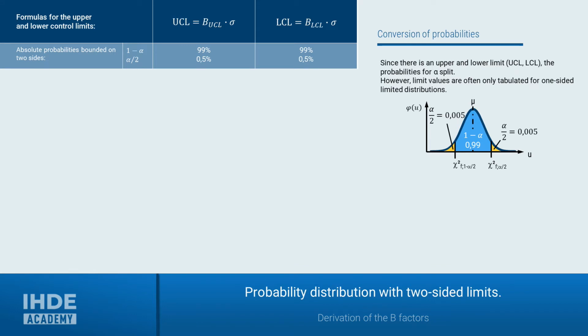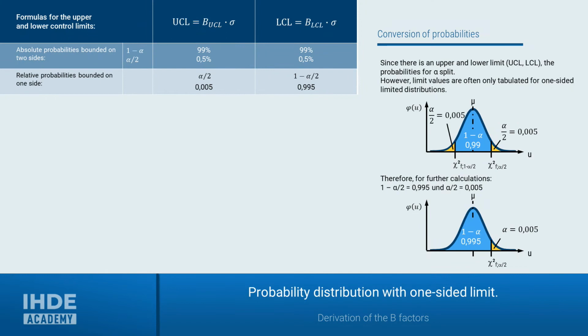The size of this area is denoted by alpha. The area under the curve represents 100% of all values and was set to 1. Thus, the area within the limits has a size of 1 minus alpha.